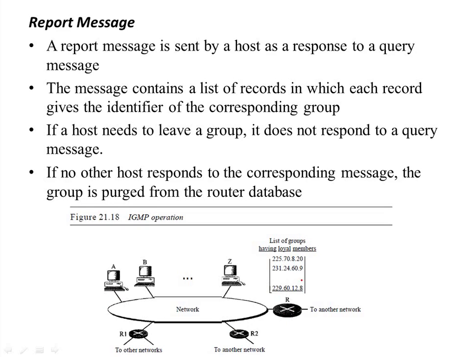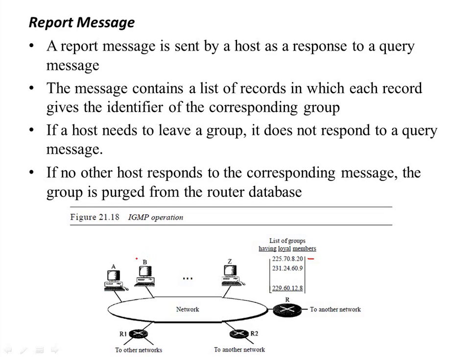When A responds, let us consider that this entry is not there initially, and this is the IP address of A. When this IP address is not present in the list, it will get processed, the name of A will be added, and it will report a membership report.